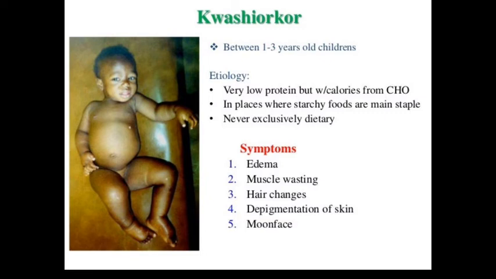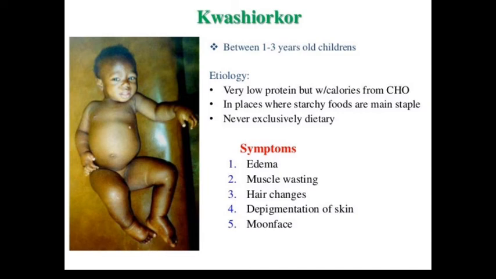The etiology of the disease is as follows. First one is very low protein but calories from CHO, in places where starchy food is the main staple, never an exclusive dietary cause.